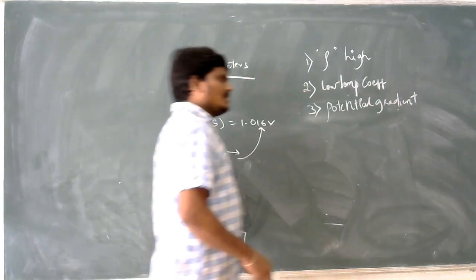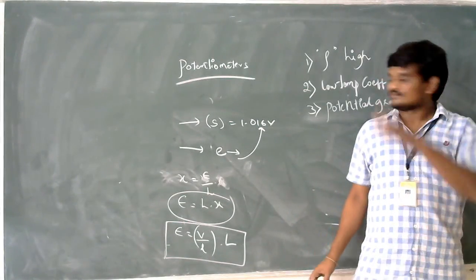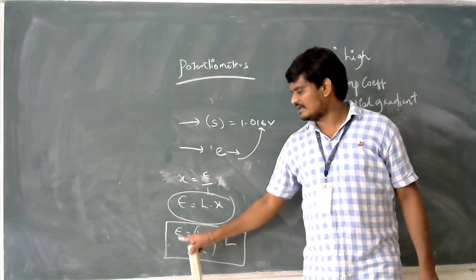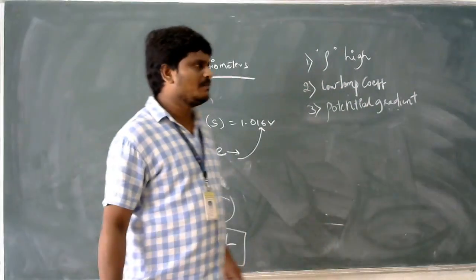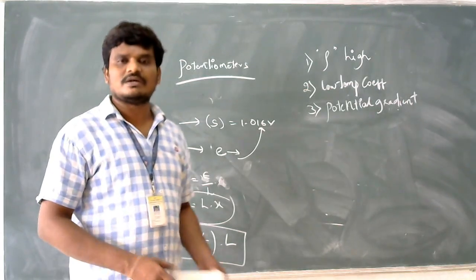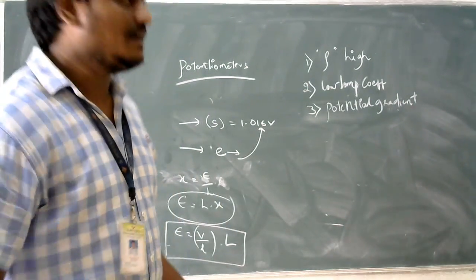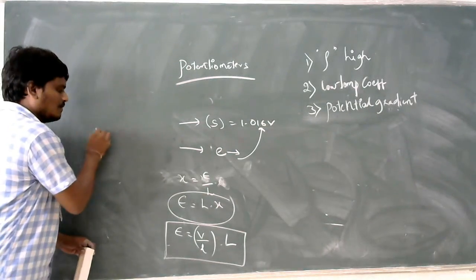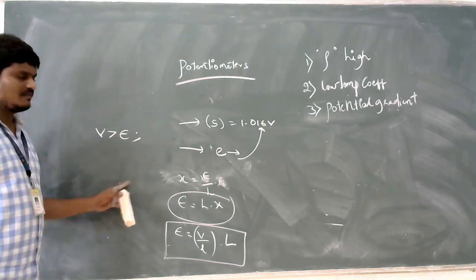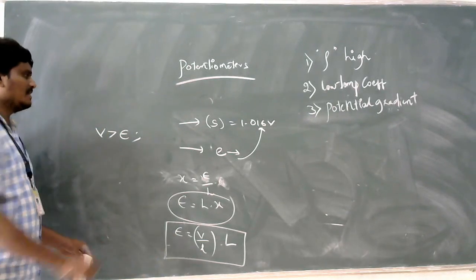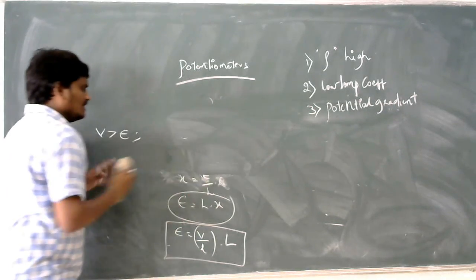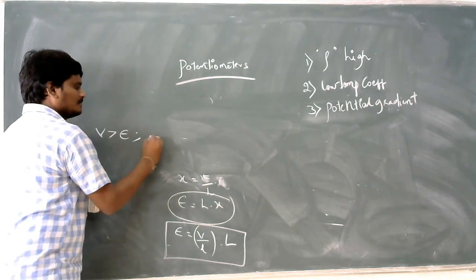What is the reason for having an expression for the voltage obtained with the help of the position of a slide wire? It is to know the position of the galvanometer. If the voltage obtained is greater than the unknown EMF which is going to be measured, then the galvanometer will show the deflection in one direction.